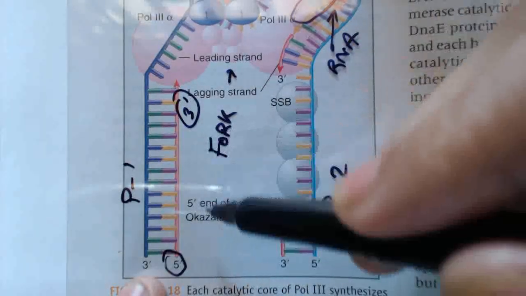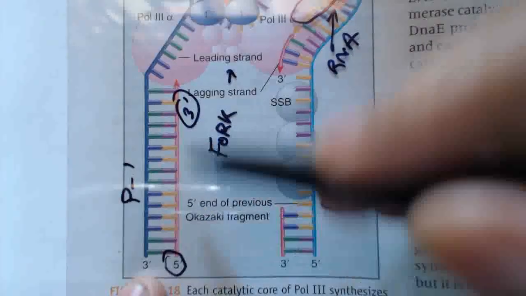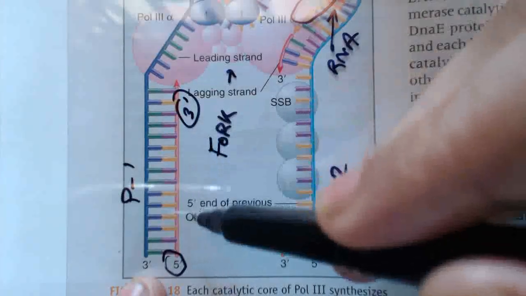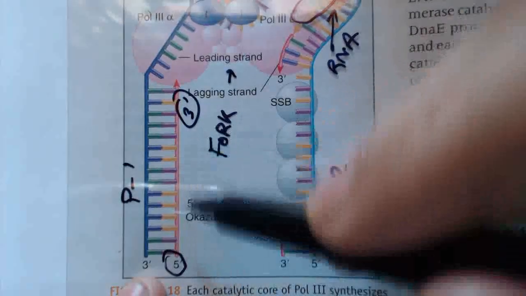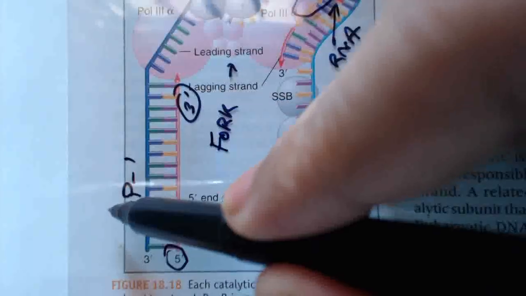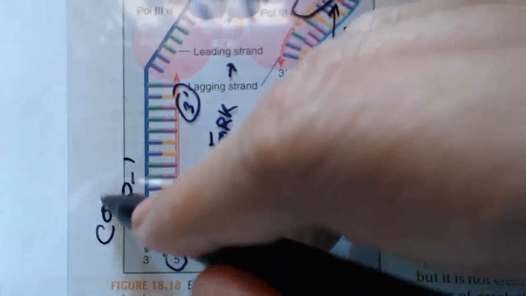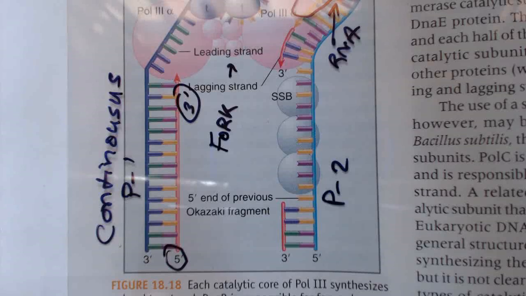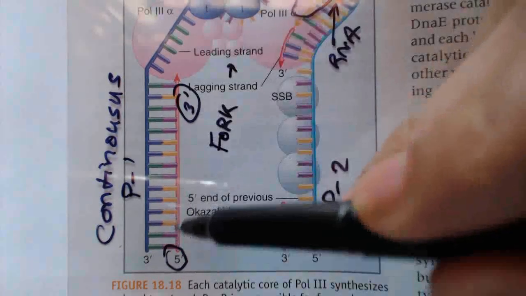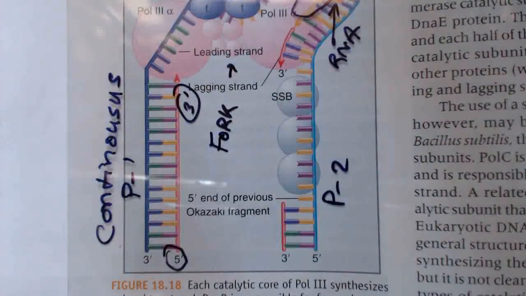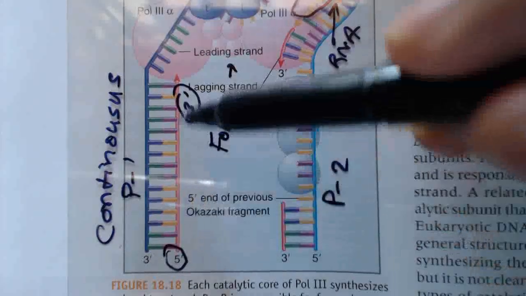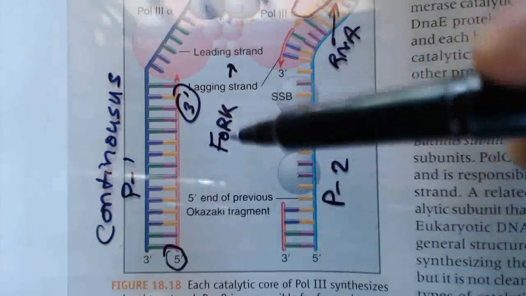So there isn't any problem synthesizing this strand, and it can be synthesized continuously like that. So that's why this strand is called, remember, the continuous strand, or simply the DNA leading strand, because the synthesis of this strand is continuous through time, since the direction of synthesis is the same as the direction of movement of the fork.